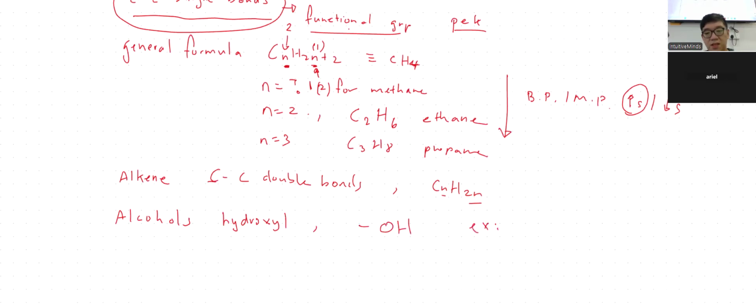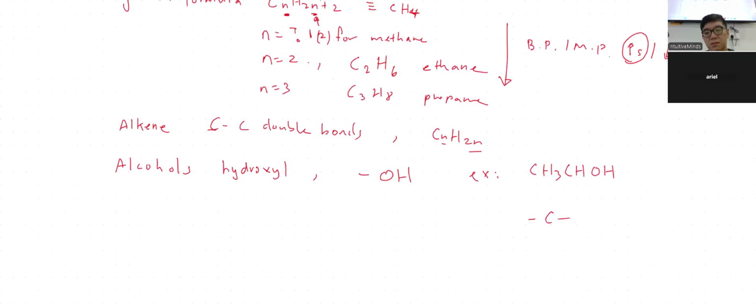Ethanol is CH3CH2OH. So for example, this is ethanol.